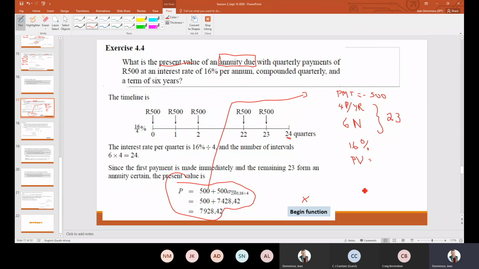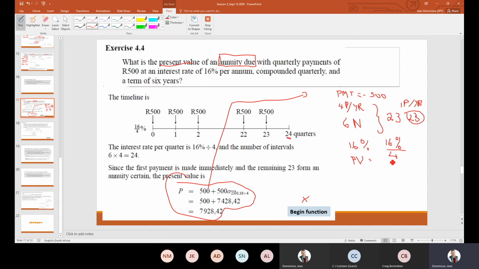That is difficult if we do it this way, because you now need to work it out. So if I use it this way, I would have gone the other way around to say, okay, I'm doing it 1 time per year for 23 periods, and then I must just remember that I need to divide that by 4 as well.